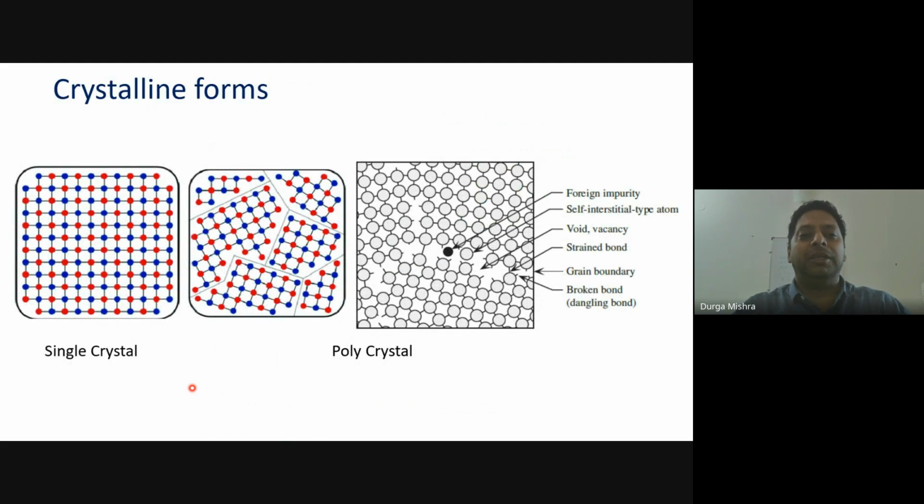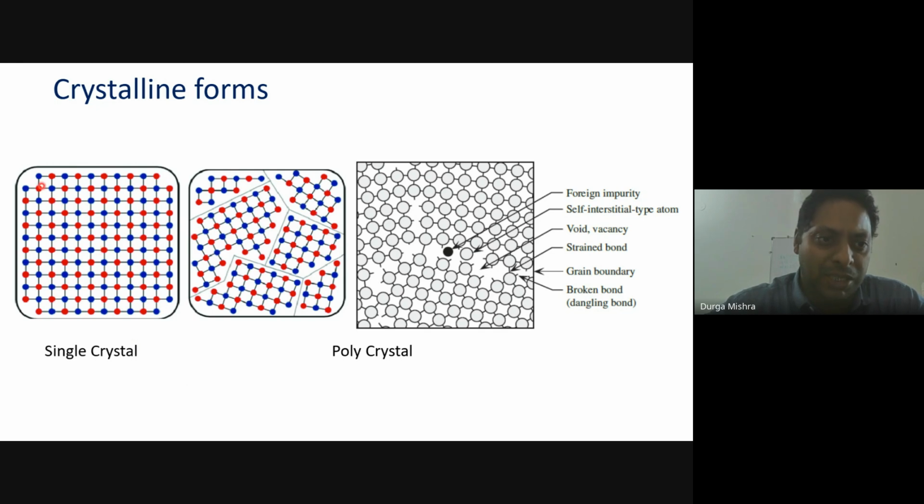Okay, so another form that we also talked about briefly towards the end is the different forms of crystalline material that we see. One is what we call a single crystal. So this is a schematic representation of a single crystal material.